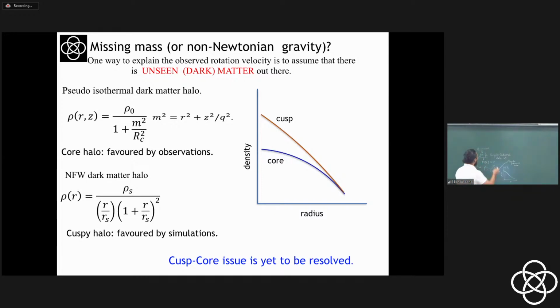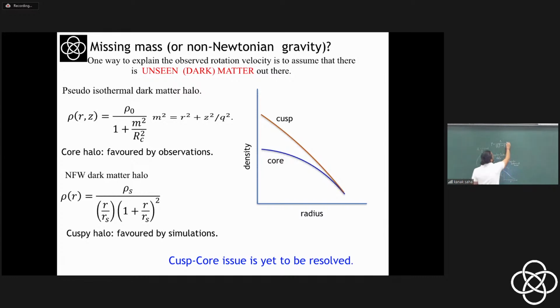They are of the profile where rho is rho naught divided by r plus Rs, into 1 plus R over Rs to the power 2. This can also be modified, I can put it like this to the alpha, and this is 3 minus alpha.